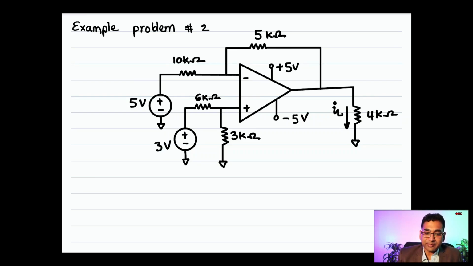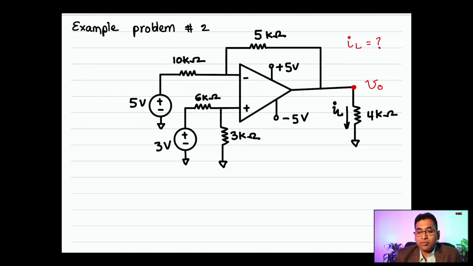The question is, find the value of IL. In example 1, we were asked to find the value of VO, the output voltage. Here, we are asked to find the value of current, which are essentially the same. Think about it.